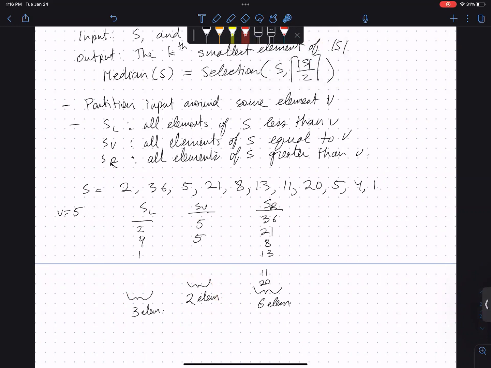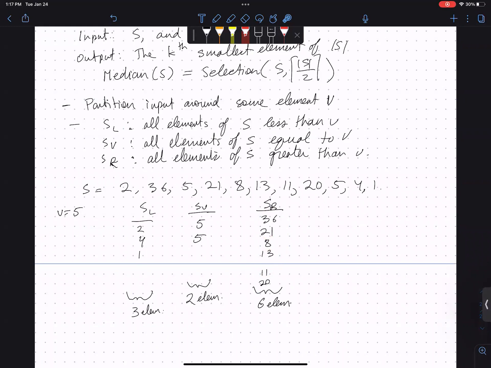So the 8th smallest element in total is the 8 minus 5, the 3rd smallest element in SR. So I can now make a recursive call to SR to say I'm looking for the 3rd smallest element. Okay, that's the intuition of why this partitioning helps.